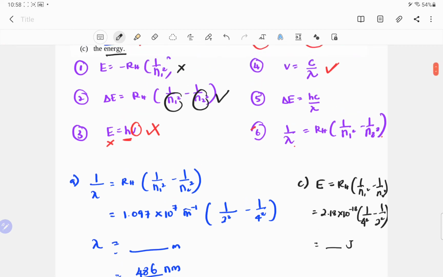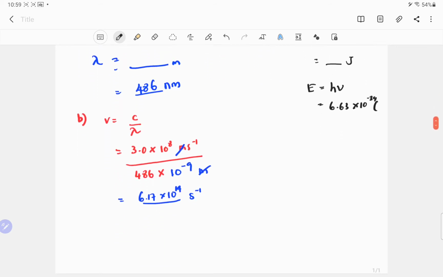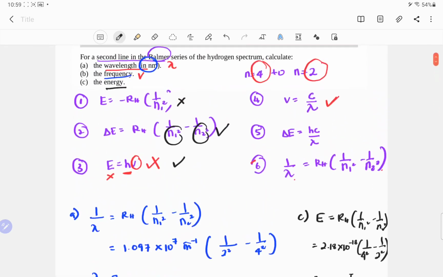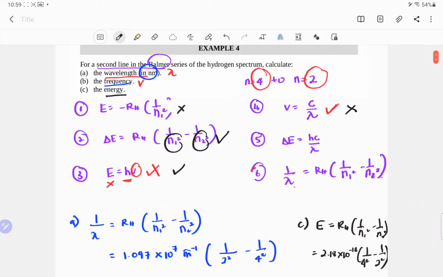Which other one? Number 3 also can. If you use number 3, E equals hv. H is a constant, 6.63 times 10 to the power of negative 34, times v. The v we got earlier is 6.17 times 10 to the power of 14. You still get the same answer in unit joule. Which other formula has E? Formula number 4 has no E, so it cannot be used.